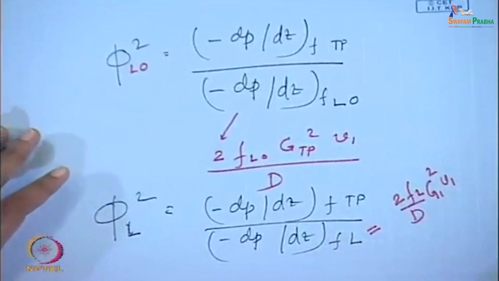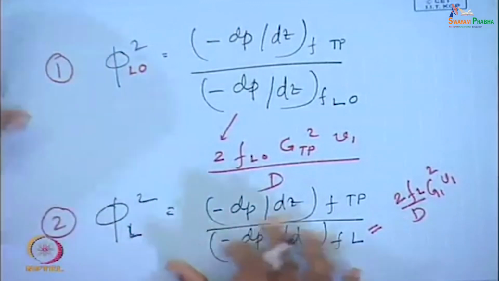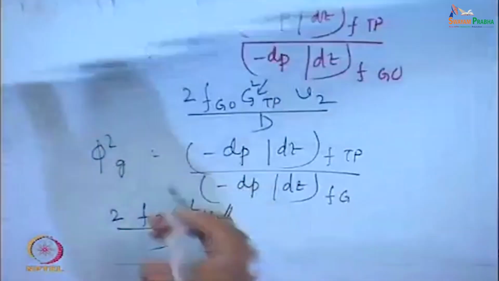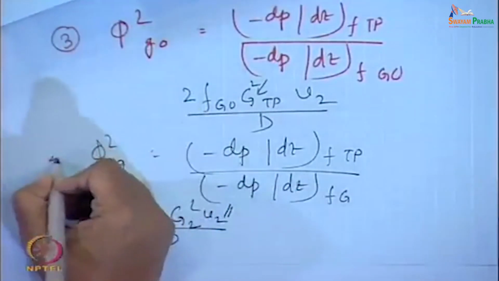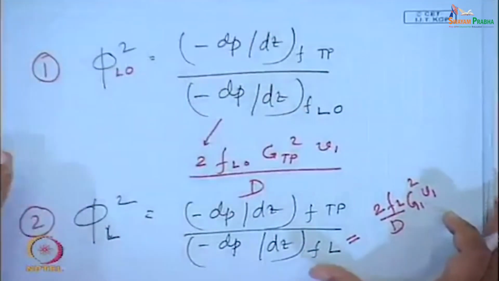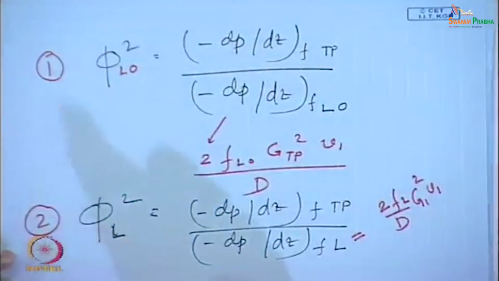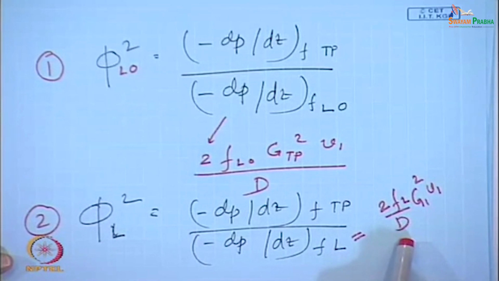Be sure whether you have understood it, otherwise I am going to define it once more. The difference between phi square L and phi square LO is the same as the difference between phi square G and phi square GO. Are the differences clear? You just note these two expressions and then it is going to be clear.